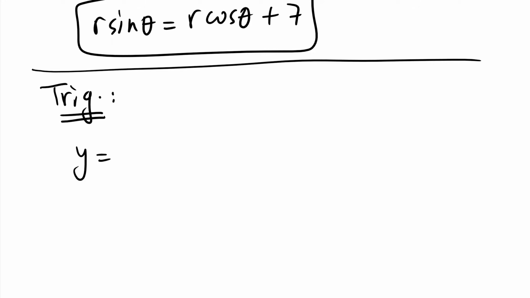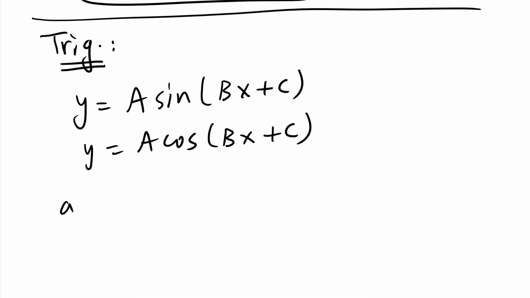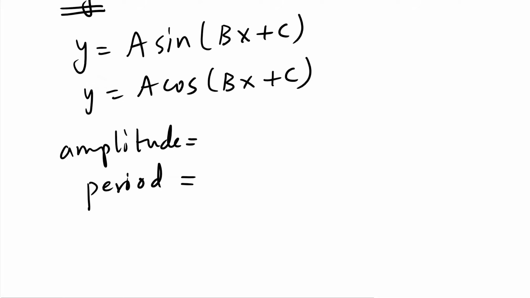If we have in general a sine or a cosine like this, a cosine, bx plus c, we need to know what is the amplitude, period, how to calculate the period, phase shift.